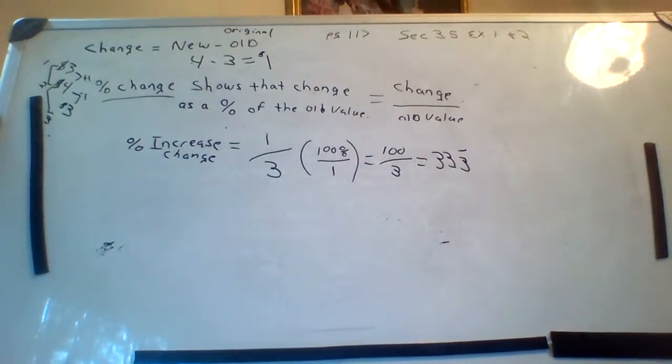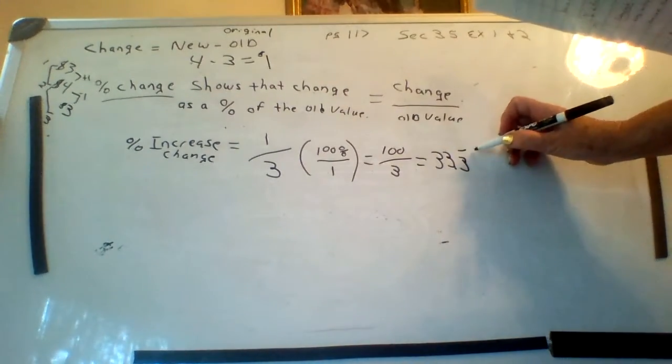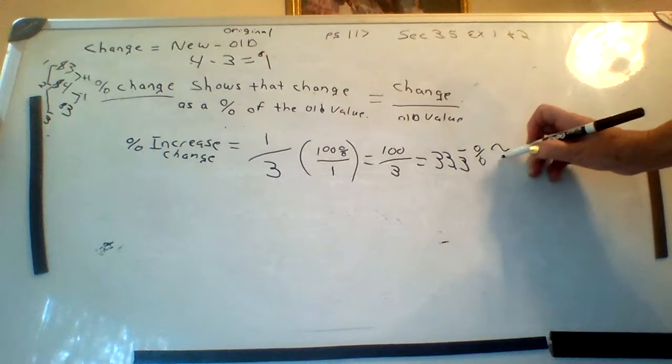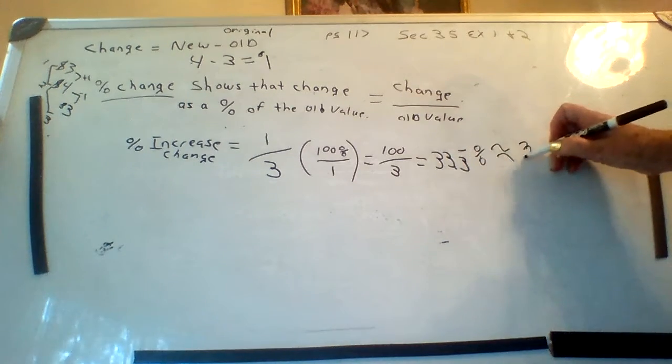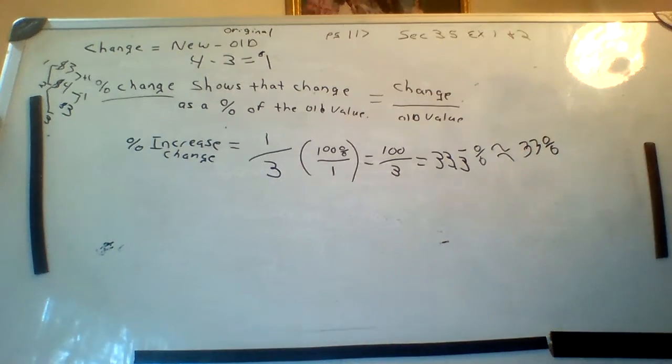Now we're talking about percents here. So if you want, you could approximate that because it continues on and just say 33%. Approximately 33%. That was the percent increase.